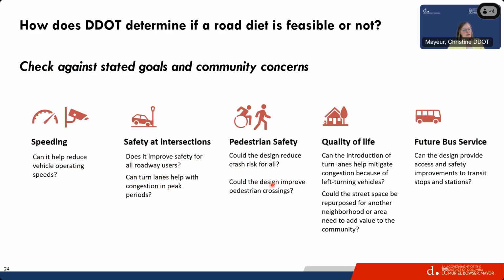Can the design improve pedestrian crossings where we've got a lot of people crossing or school crossings? Can the street space be repurposed for other neighborhood uses or things that can add value to the community? And for future bus service, can the design provide better, safer access to transit operations, bus stops and stations?